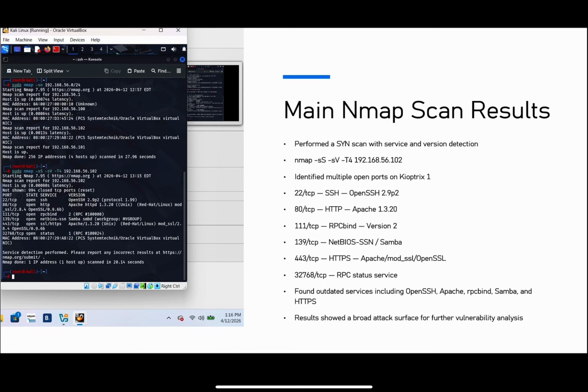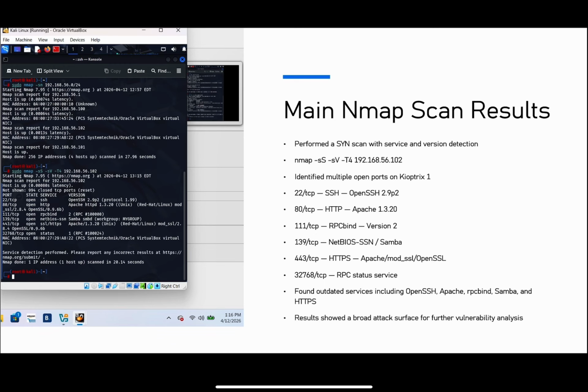Next, I ran the main Nmap scan using the SYN scan and service version detection against the Kioptrix target. The scan identified 6 open ports. Port 22 was running OpenSSH 2.9p2. Port 80 was running Apache 1.3.20.